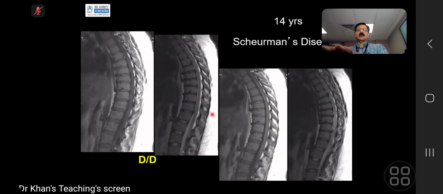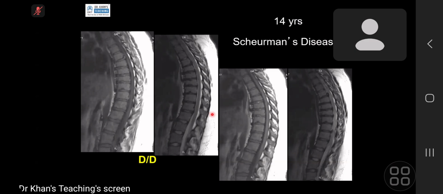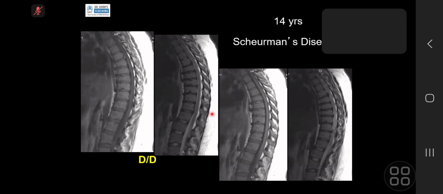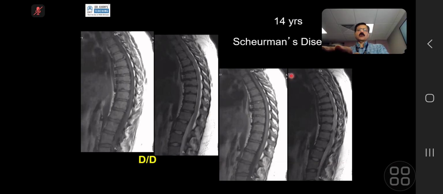MR, same. This is a 14-year-old with Scheuermann's disease, and you can see the same finding on this MR. So MR is also an exam case, remember. Look at the end plates, and look at these intravertebral disc herniations, and look at the anterior portion, the height is reduced as if there is a compression fracture.